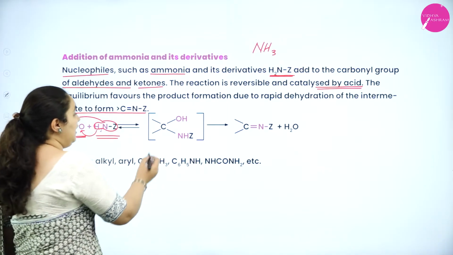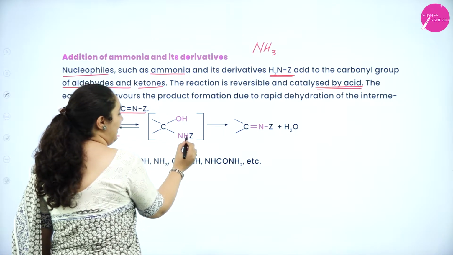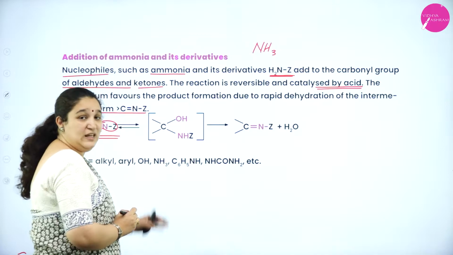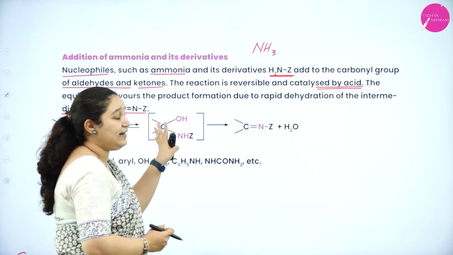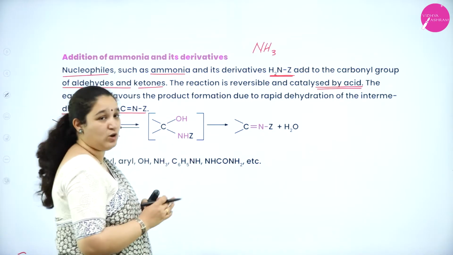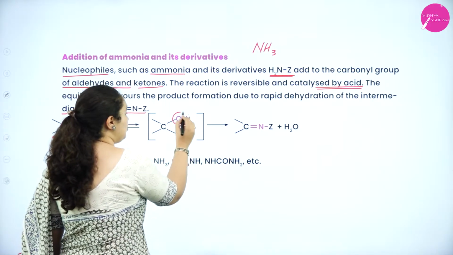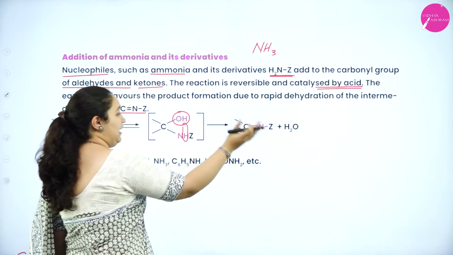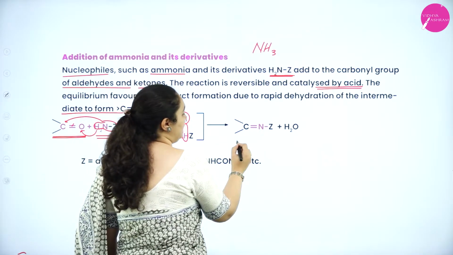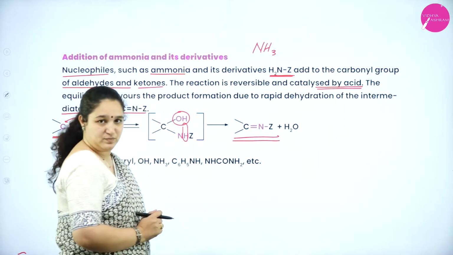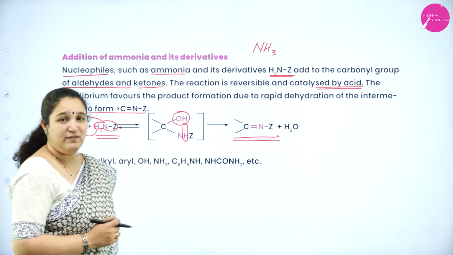So you get an intermediate in which you have carbon, one OH group and one NHZ group. This intermediate immediately undergoes dehydration, that is, removal of a water molecule. How does dehydration happen? From here the OH group and from here the H. H2O is removed and a new double bond is created between the carbon and nitrogen to give this compound. Okay, so this is the general reaction that I have written.